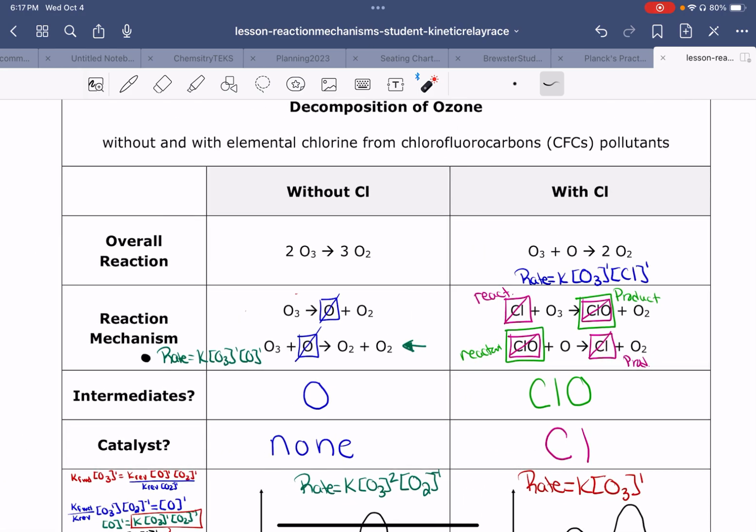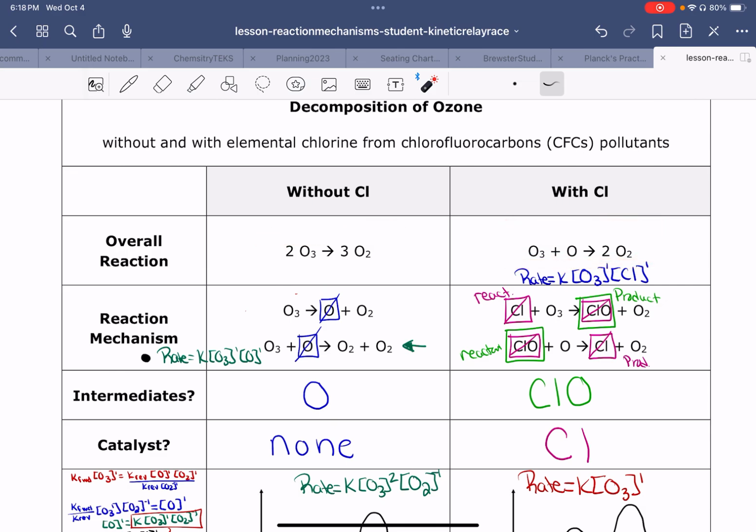Okay, so then I wanted to bring this up as well, because sometimes they ask you about the ozone layer. Ozone is a very special form of oxygen. It's O3. This is looking at the decomposition of ozone with and without the elemental chlorine form of chlorofluorocarbons. So here's my overall reaction.